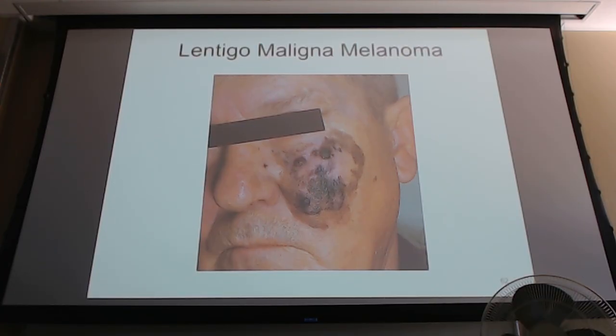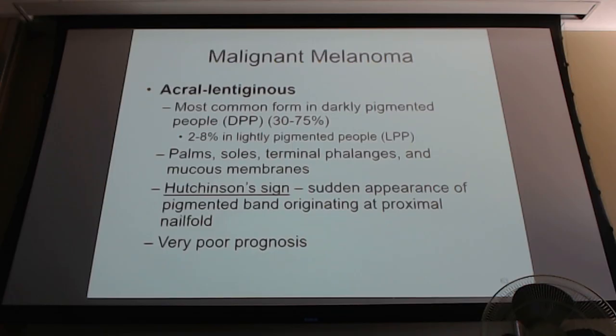Last one, acral lentiginous. A key component to this is we can see the patient be a dark pigmented person. So they've got that dark colored skin. So African Americans, Africans, you know, these are the most common form in those dark pigmented people.